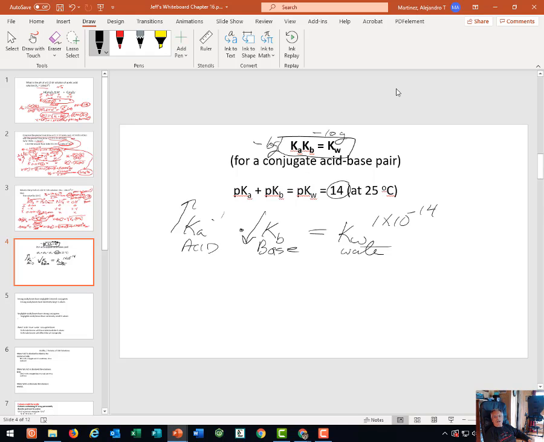So what I want to remind you of is that there is this inversely proportional relationship between the equilibrium constant of an acid and the equilibrium constant of the conjugate base, or the base and the conjugate acid.